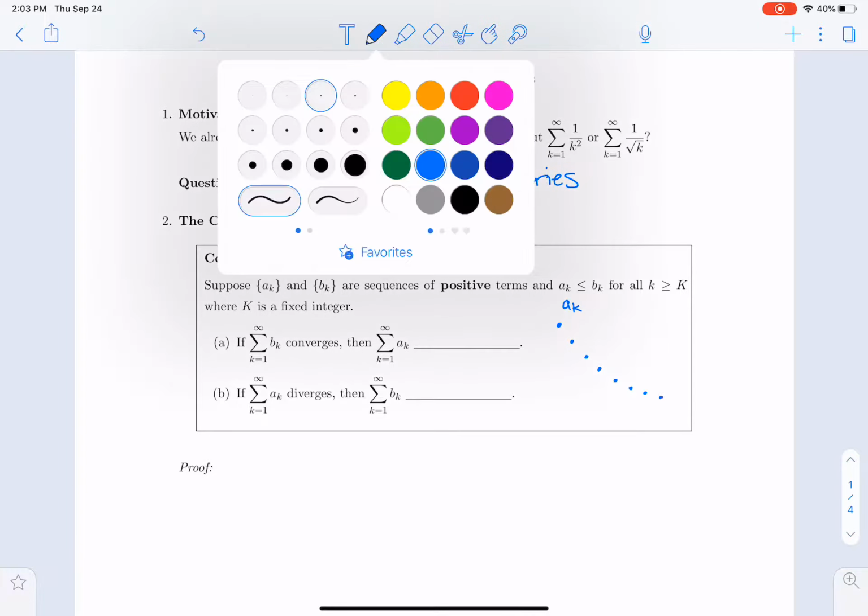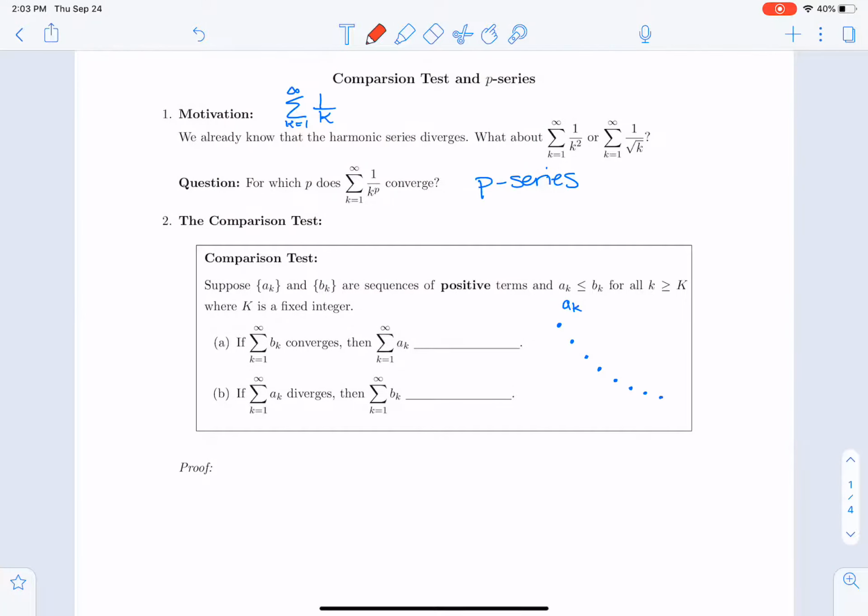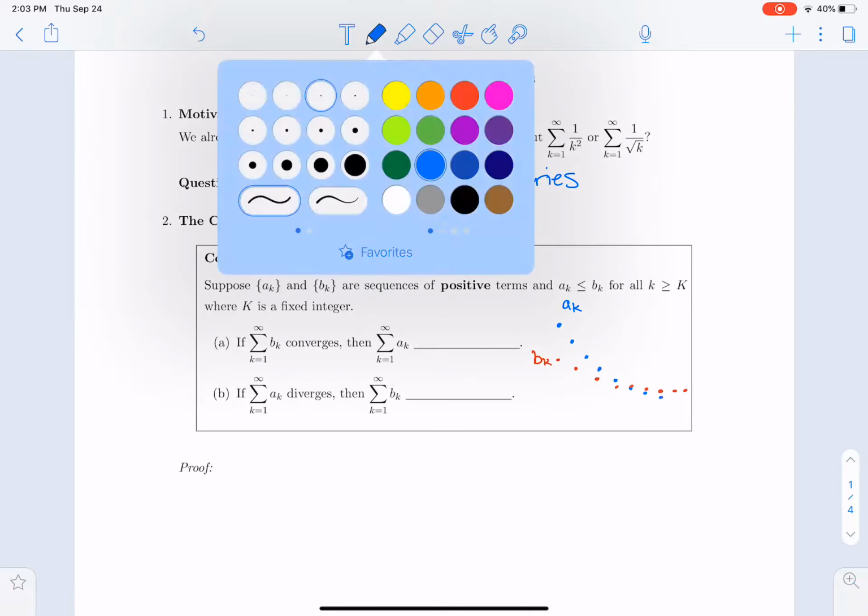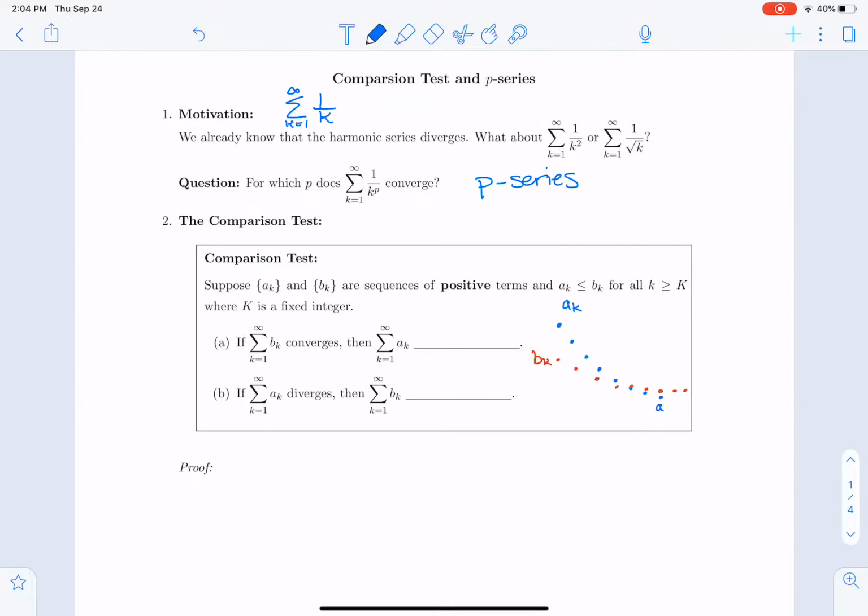And then I'm going to have another sequence, b sub k, that looks like this, where it starts maybe even underneath a sub k, but in fact ends up above a sub k for the rest of time. So the idea is that a sub k does not have to be smaller everywhere, but it does have to be smaller than b sub k for the tail end of that sequence.